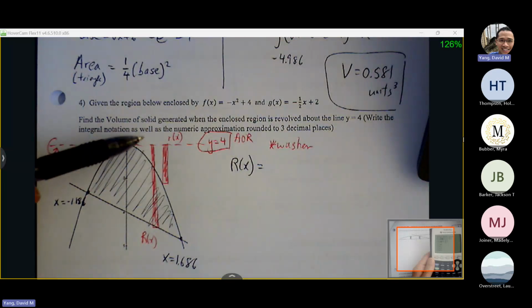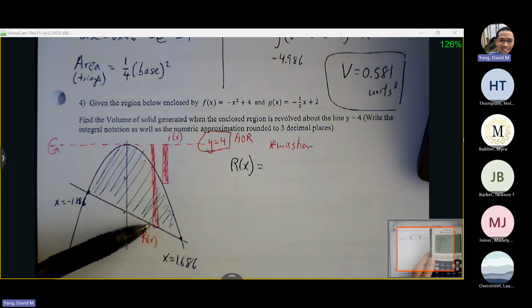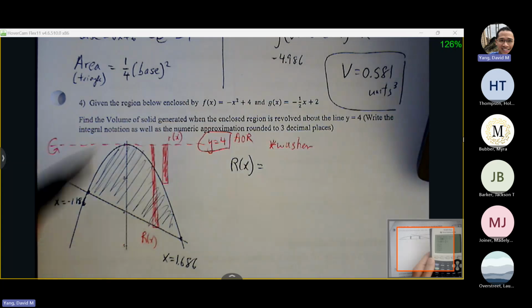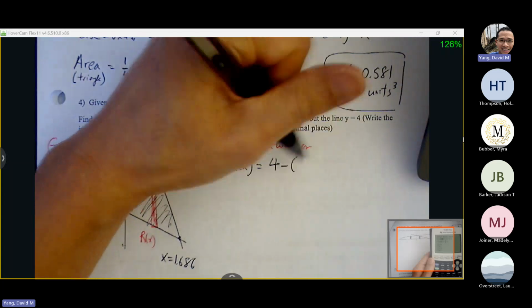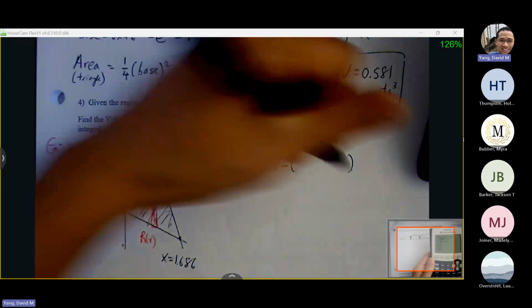Okay, top of my radius is sitting on the 4. The bottom is sitting on the linear, the negative 1/2 x plus 2. So 4 minus, careful with your parentheses, with that minus sign.